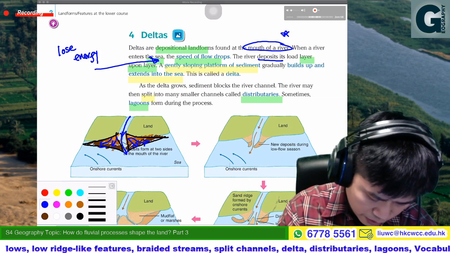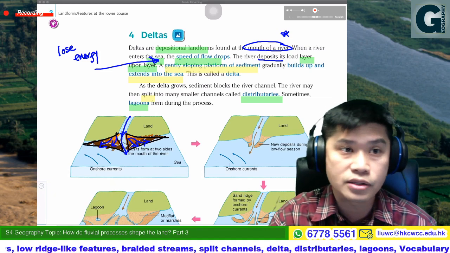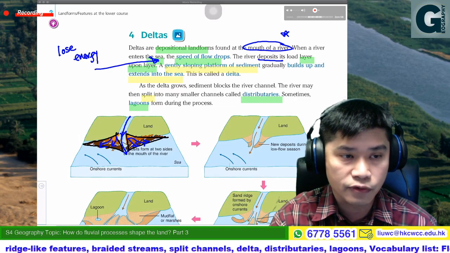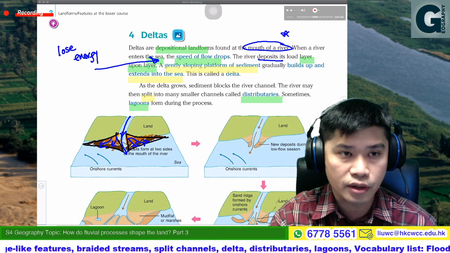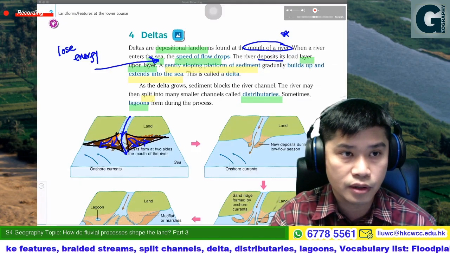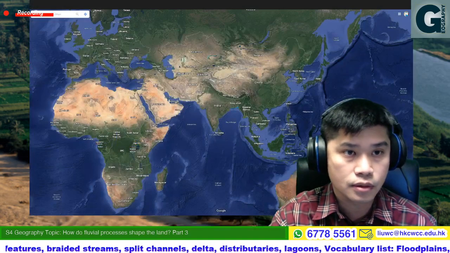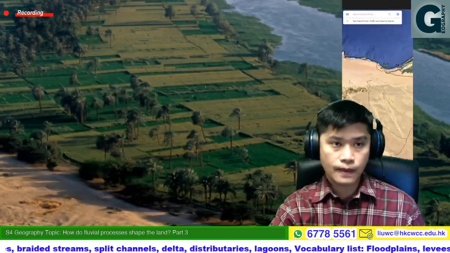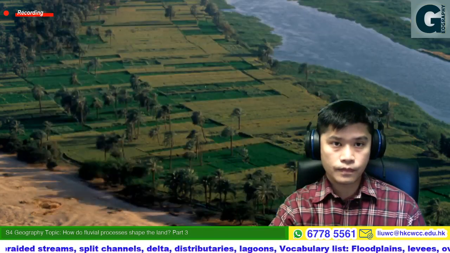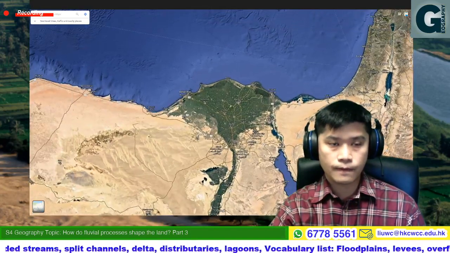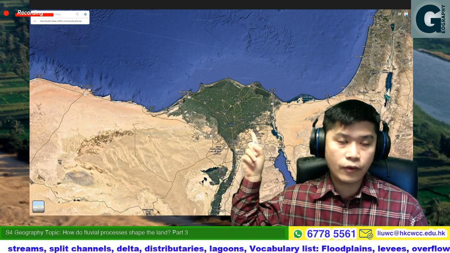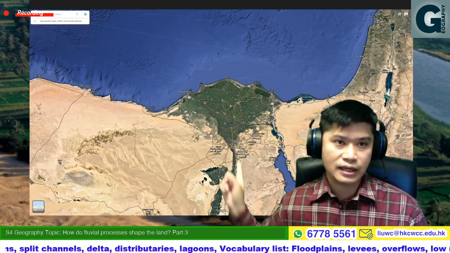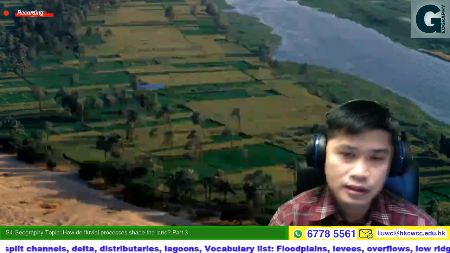Okay, so you may have a look at the real case. Right now I'm going to show you the area of Nile River. If we move to Nile River in Africa here, you can see this is Nile River. This is Nile River Delta. And here that would be the Nile River.